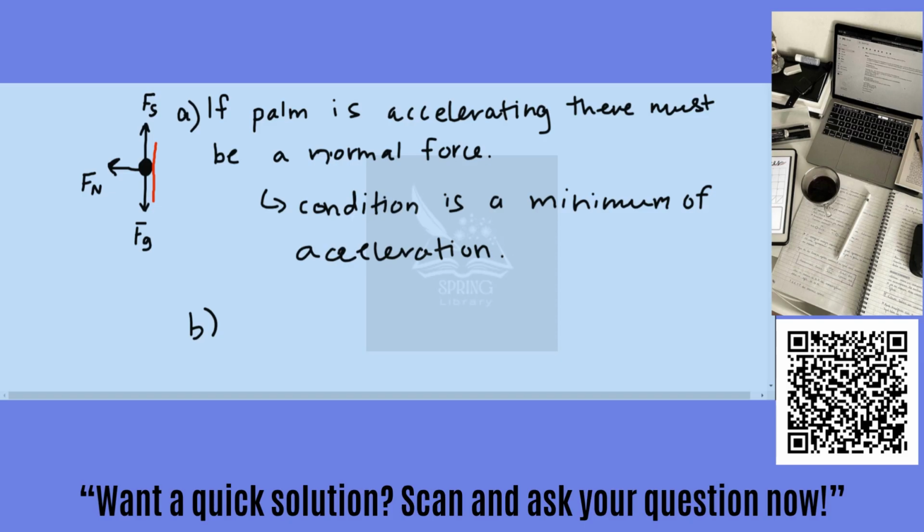And then for part B, we have to do a little calculation. So we're told that we have a mass of 50 grams. So that's going to be 0.05 kilograms. And we've got some coefficients of static friction and kinetic friction.